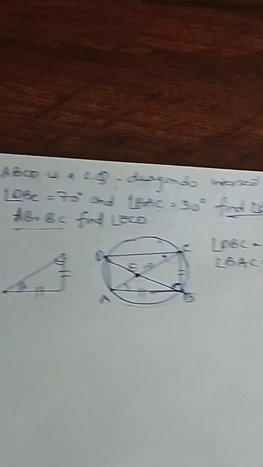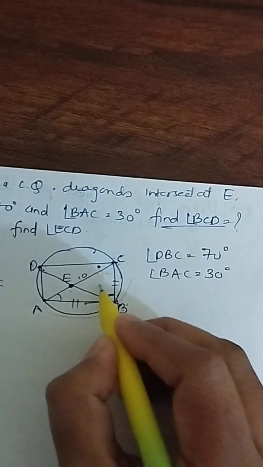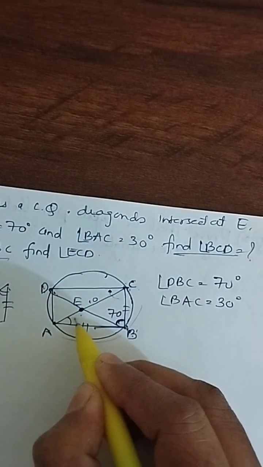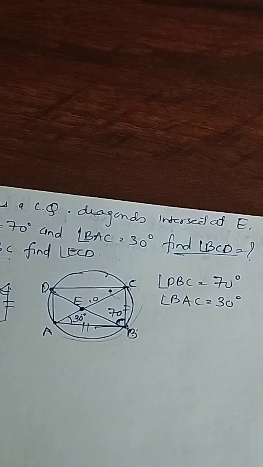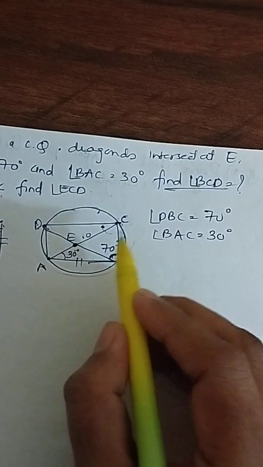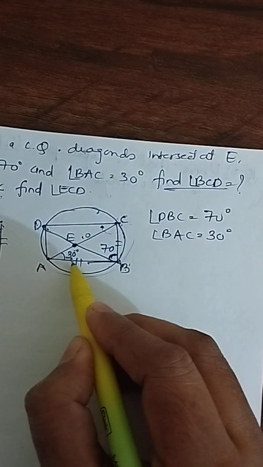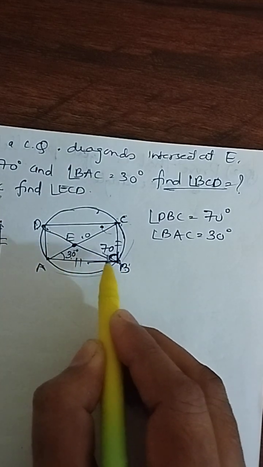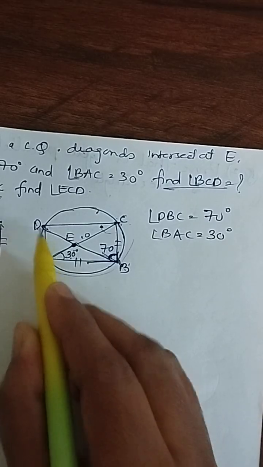Let's write down what is given. Angle DBC is given as 70, so I'll write 70 here. Angle BAC is given as 30 degrees, so I'll write 30 here. Very easily I can find out. This is 30 and this is 70. See, I can take an M like this.